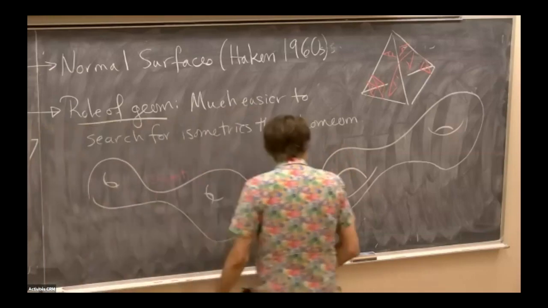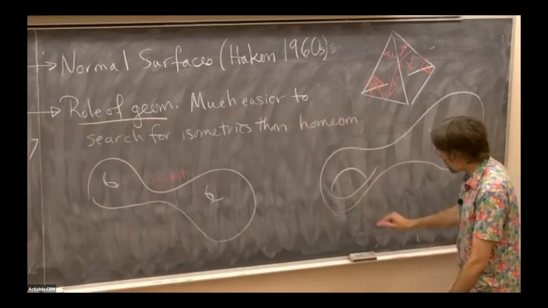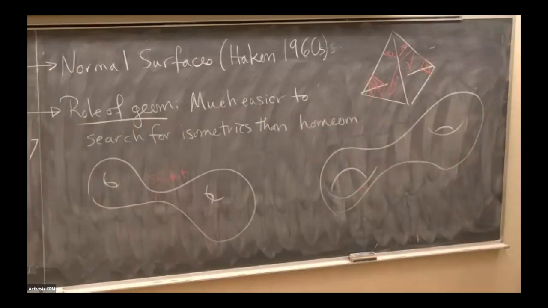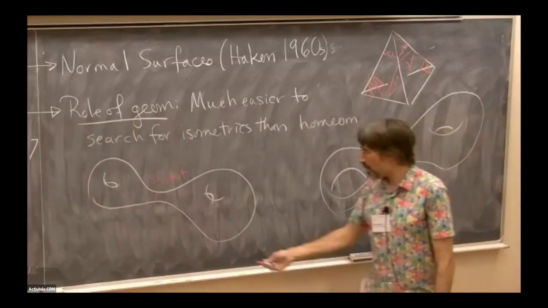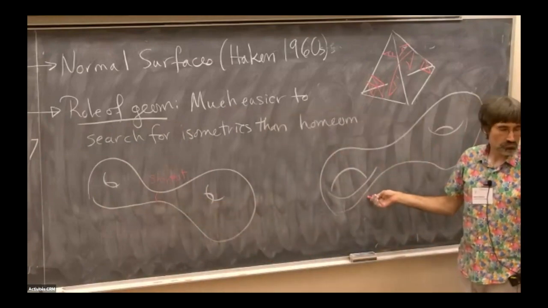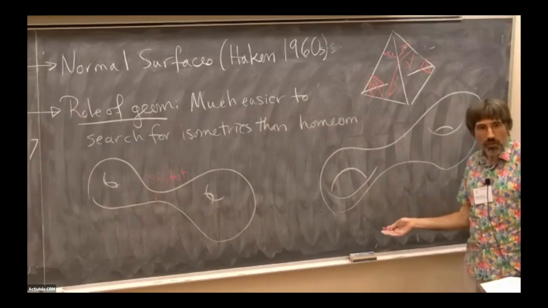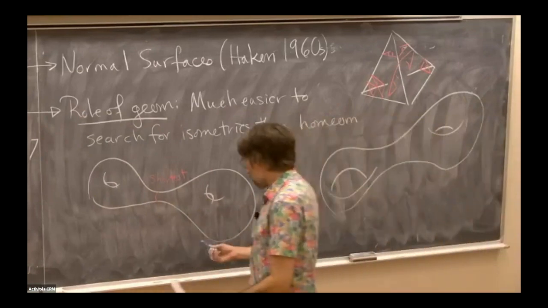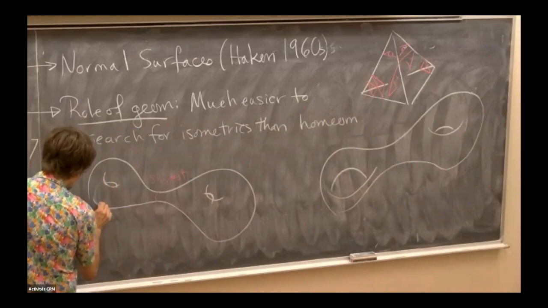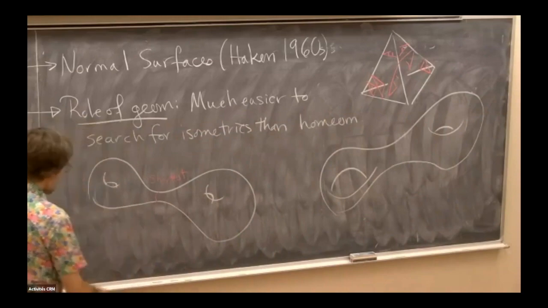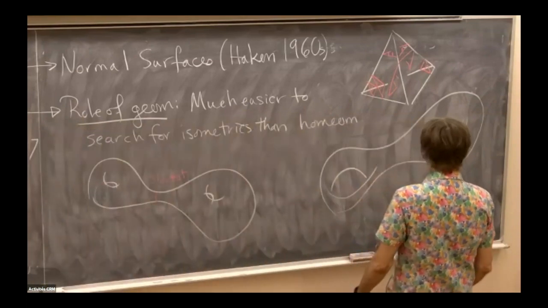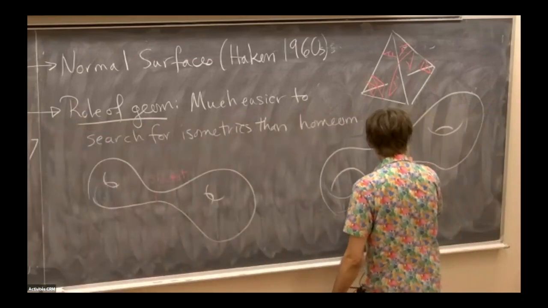doesn't work. So over here, we look at this picture and where's my shortest curve? There it is. Okay, if there's an isometry, it has to send this curve to this curve. If they have the same length, well, maybe we could do that. So we could say, what's the next shortest curve? Maybe it's this, and over here, maybe it's this.